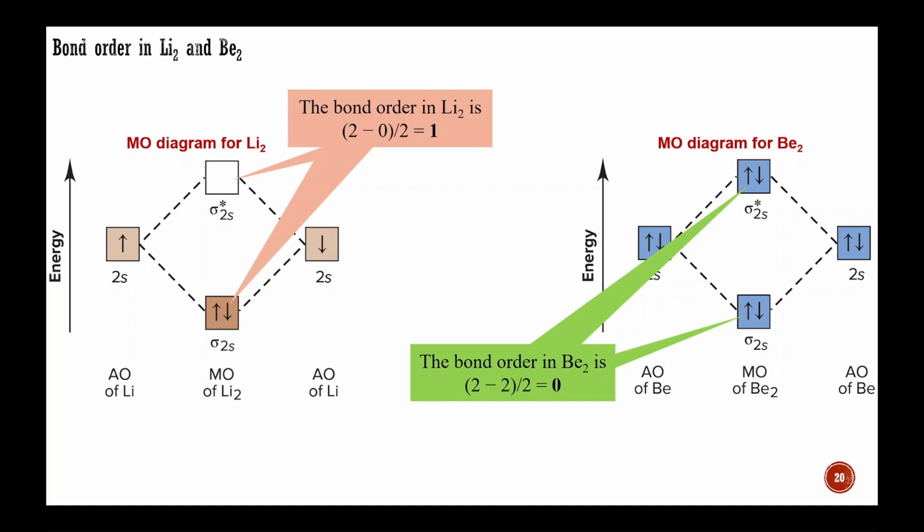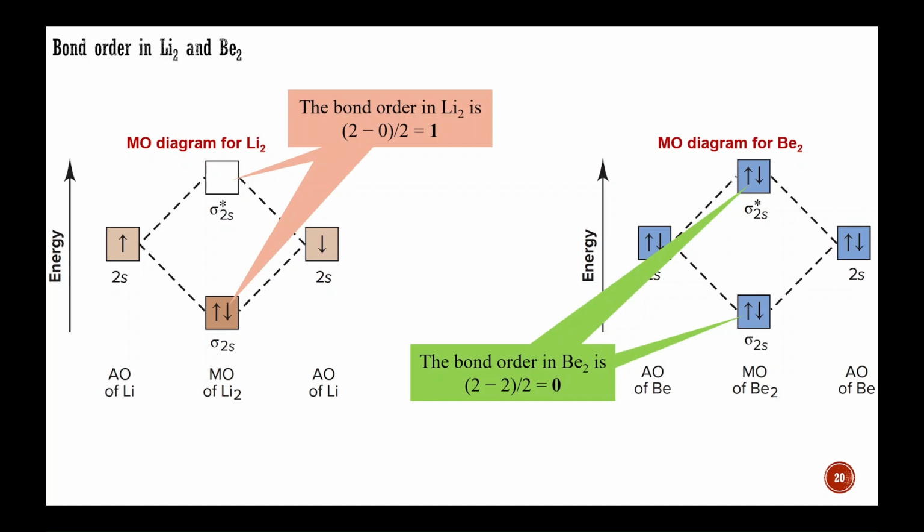Please note that when we draw molecular orbital diagrams, we only need to show the valence orbitals and electrons. So, as molecular orbital theory predicts, lithium-2, with a bond order of 1, is a stable molecule, whereas beryllium-2, with a bond order of 0, does not exist.